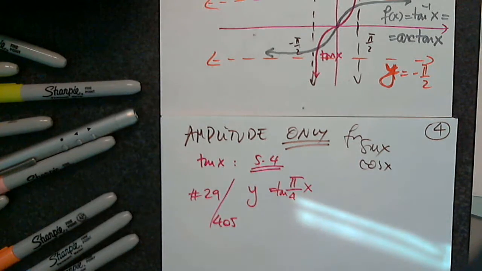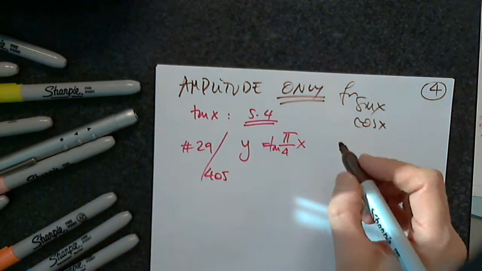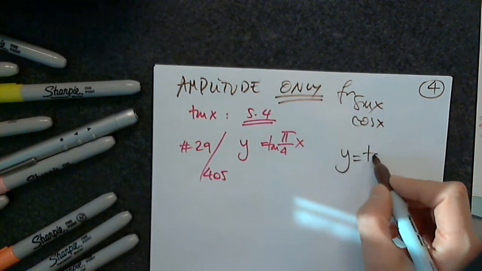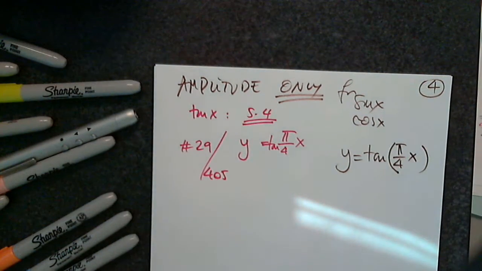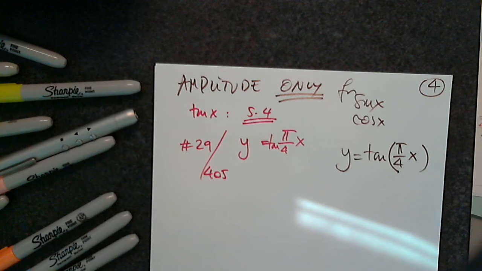I'm going to copy it one more time because it's not very clear here. Y equals tangent pi over 4x. This is the argument. The book does not put it in parentheses. It does not need to be in parentheses. But I don't want you to think that this is tangent pi over 4 and then multiplied by x, because it's not. It's tangent applied to pi over 4x.